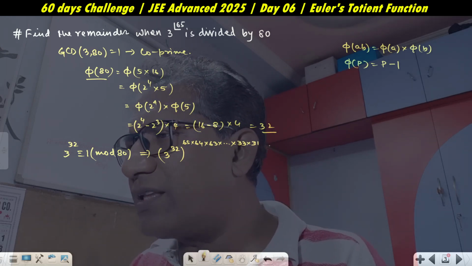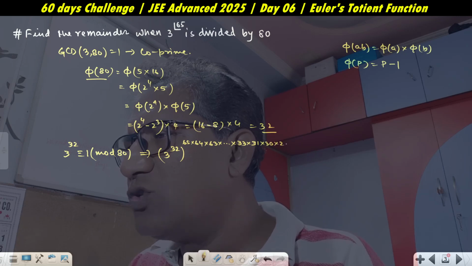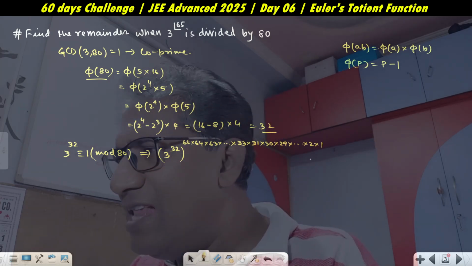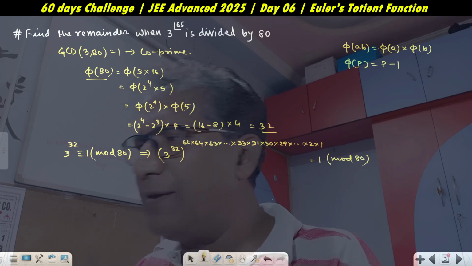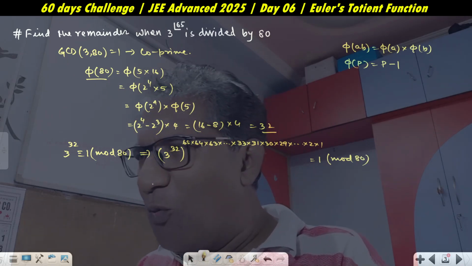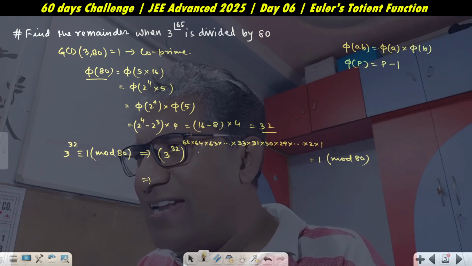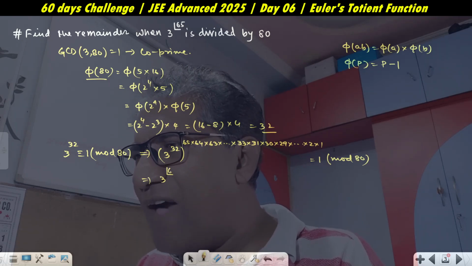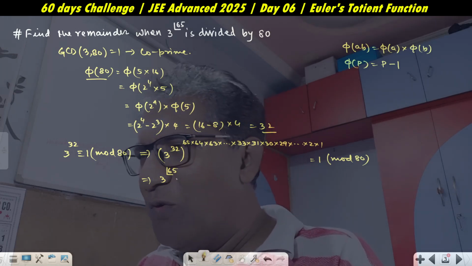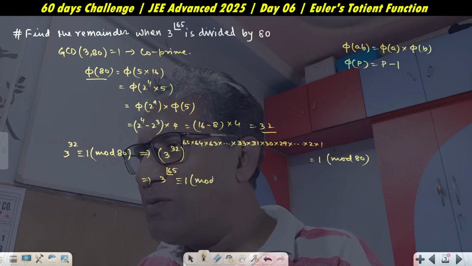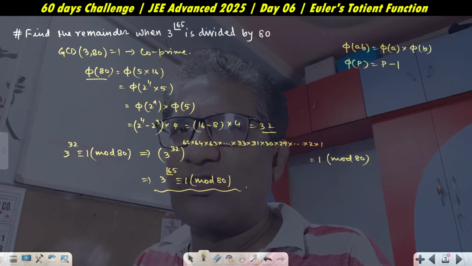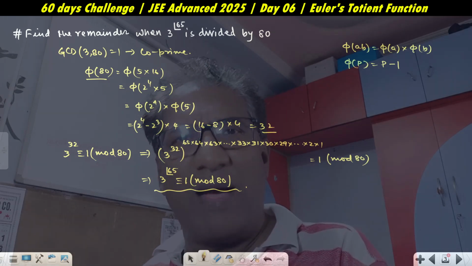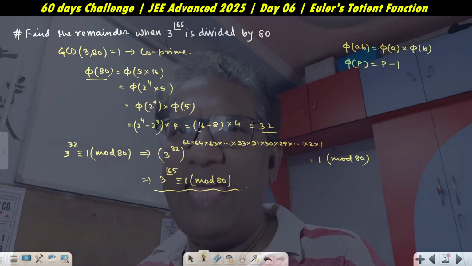Then again I will start with 31, 30, 29, and this goes on till 2, 1. Still the remainder is 1 modulo 80. Now, what is that exponent? It is basically 3 to the power factorial 65, which is congruent to 1 modulo 80. Therefore, 3 to the power factorial 65, when divided by 80, the remainder will still be 1.